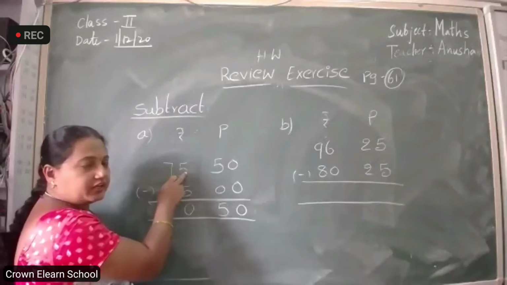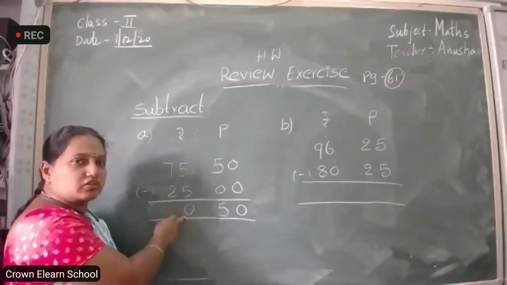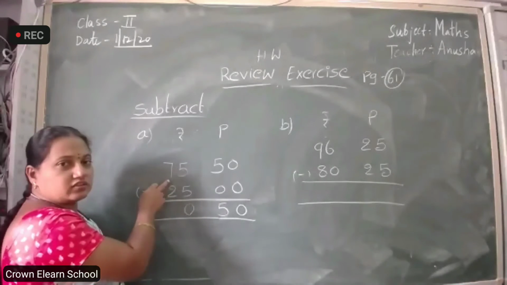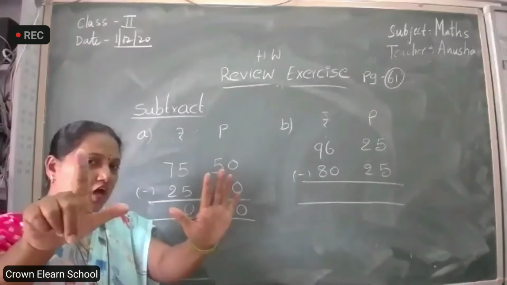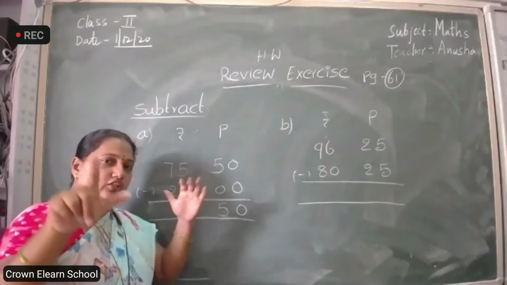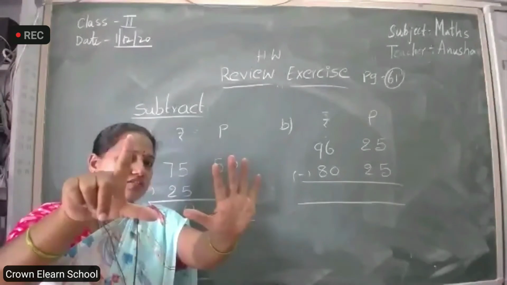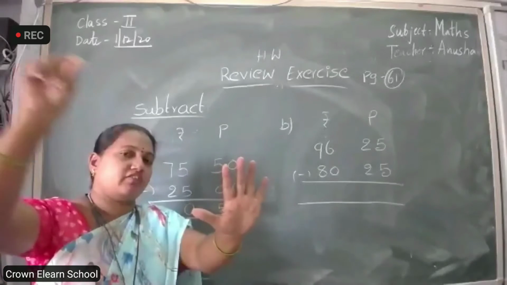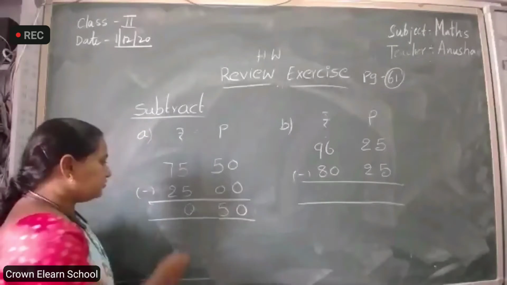Next. How many do you have here? 7. How many should you give to your friend? 2. You have 7 and you give these 2 to your friend. How many do you have, Nana? 5.